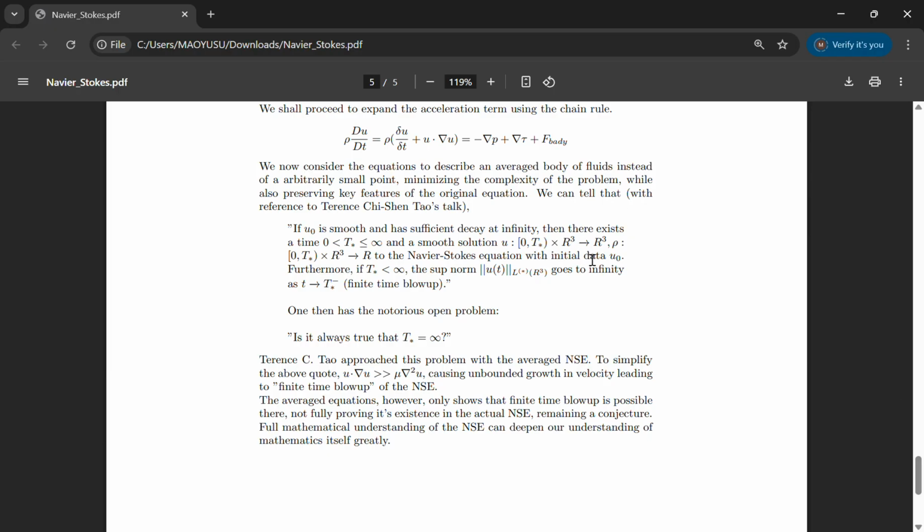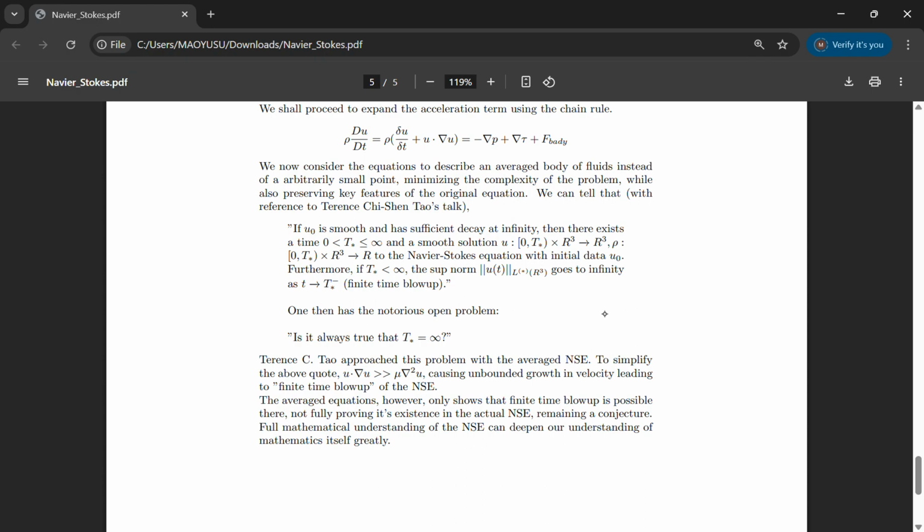So it's in Euclidean space, and for phi it's also in Euclidean space. Furthermore, if t star is smaller than infinity, the sup norm goes to infinity as t goes to t star. So it leads to finite time blowup.